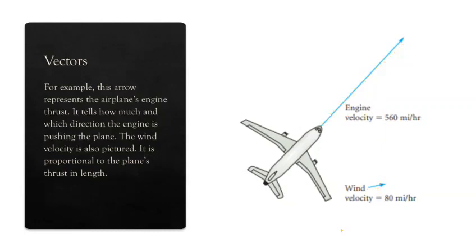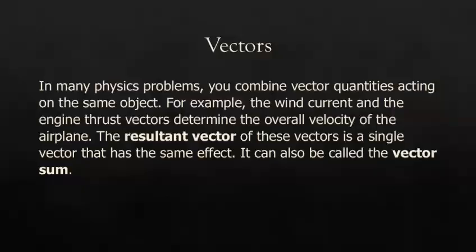Now, if we want to figure out where this plane is going, we have to combine these. The wind is affecting the plane just as the engine is. So in many physics problems, we're going to combine vector quantities acting on the same object. In this case, the wind current and the engine thrust vectors determine the overall velocity of the airplane and where it's going.